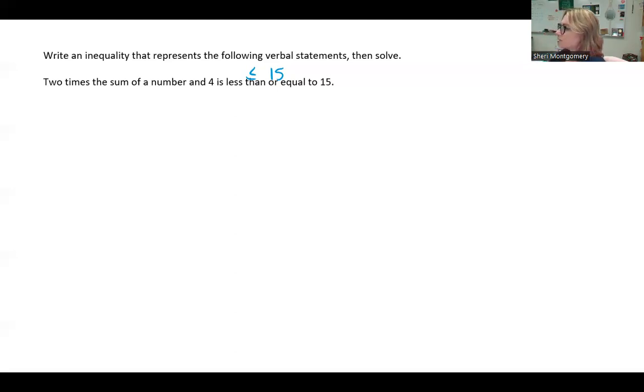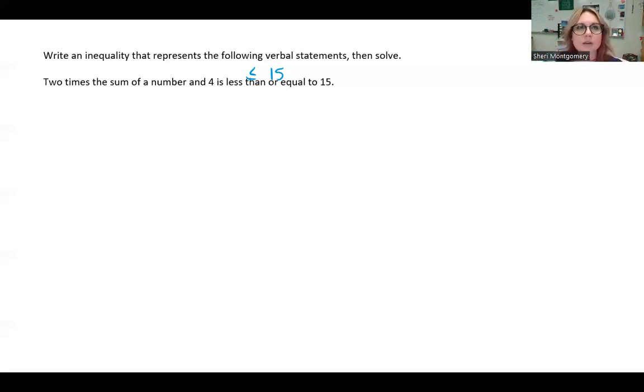It would have to say "12 is less than," then it would be the symbol. So on that question, the symbol doesn't come until a little bit later at the very end. So don't be confused. You still have to look for that cue word "is" before you do your symbol.